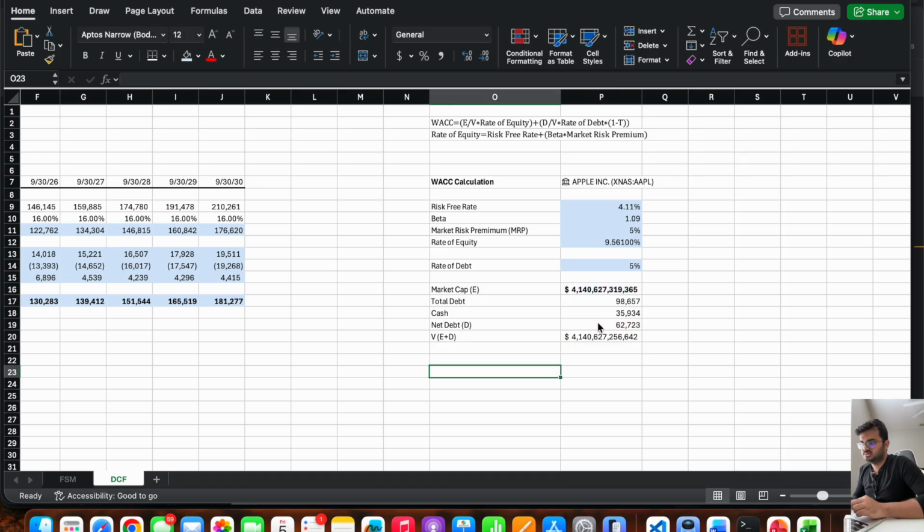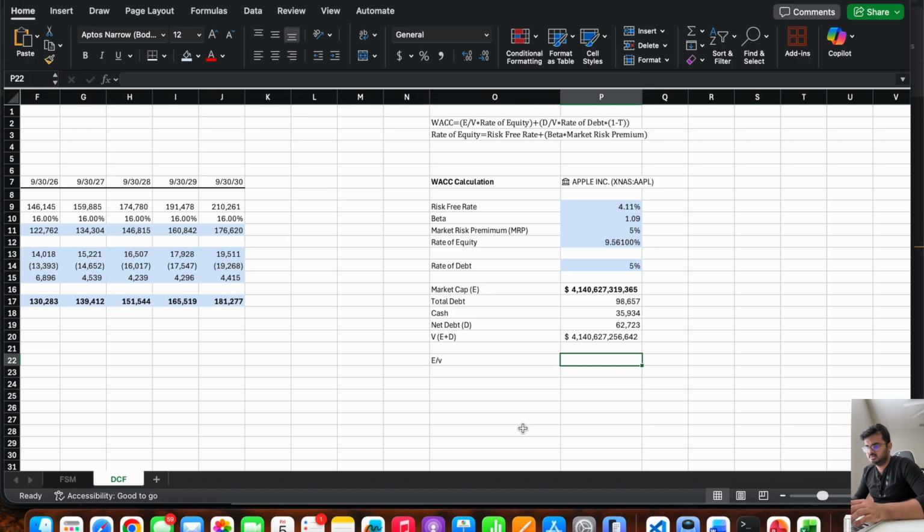So now let's go ahead and plug in all these numbers and get the WACC value. To be very clear, I will break it down. I'll calculate E by V here and then D by V as a separate number, then multiply them together.